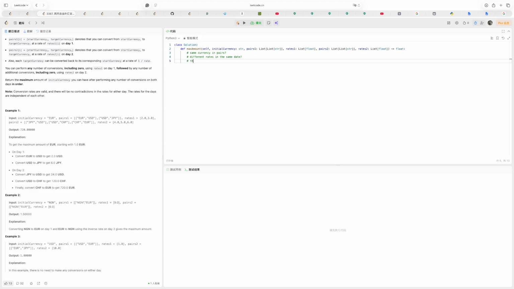Okay, so the length of pairs, I think the pairs length and rates length will be the same, right? And also, okay, does initial currency always exist in pairs?